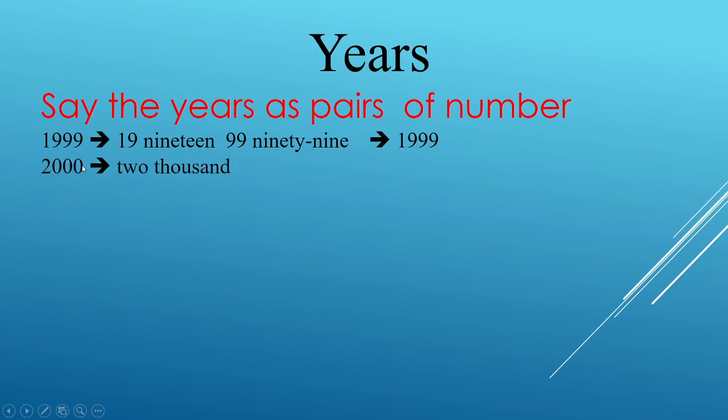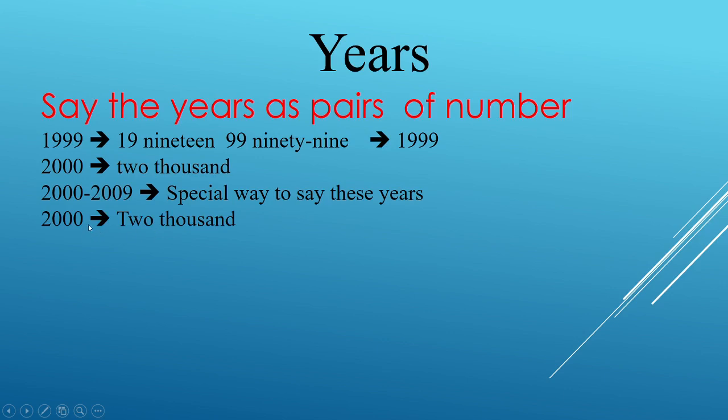For the year 2000, we just say 2000. Now from 2000 to 2009, there's a special way to say these numbers. For these 9 years, we say them differently from every other year. For 2000, we just say the name 2000.